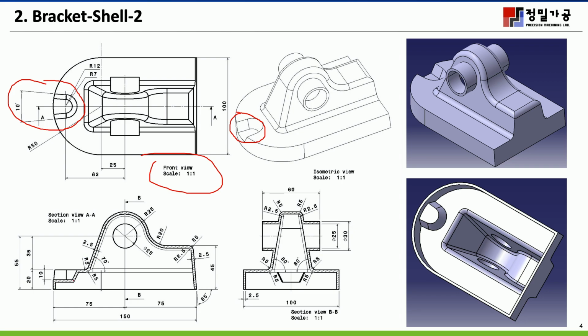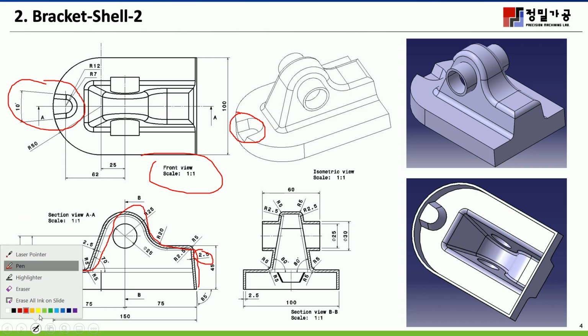This bracket shell also has a thickness, in this case all about 2.5 millimeter. This thickness is all the same. Okay, so I think you can imagine this one.